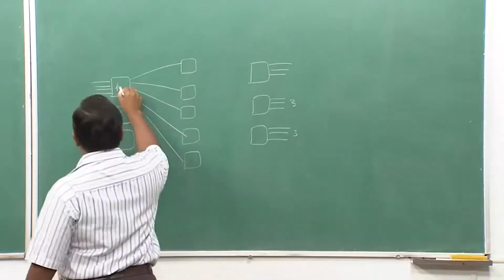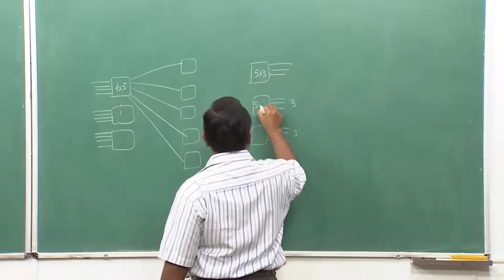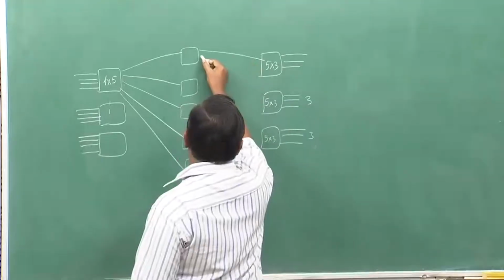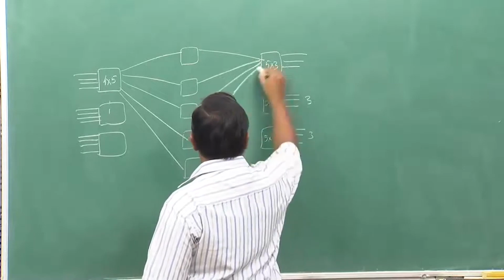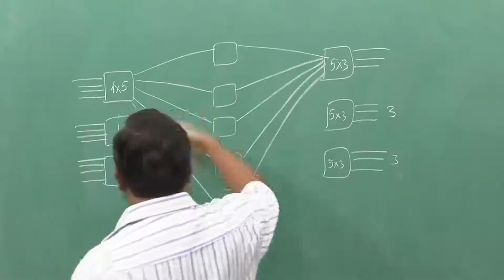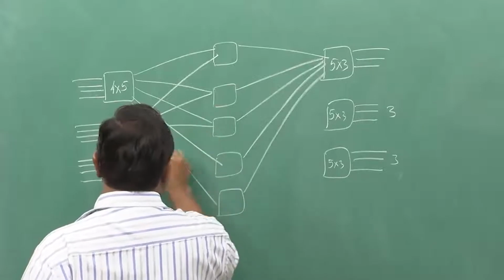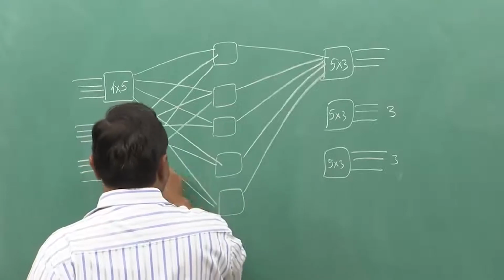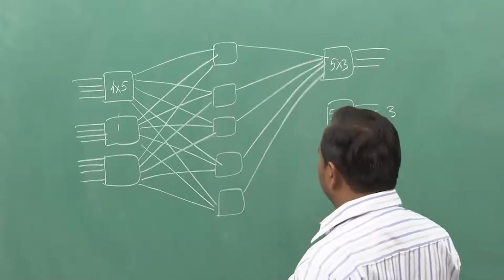So, the switch size is 4 by 5 and this is 5 by 3. Okay. So, let me do it completely. So, all middle stage switches are 3 by 3, all of these are 3 by 3.